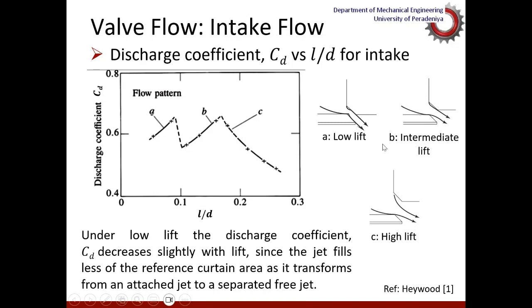The coefficient drops initially with the intermediate lifts because of the flow separation, and then continues to increase. And the same thing we can see at high lifts, it will continue to drop because of the detachment of the flow from the surfaces.